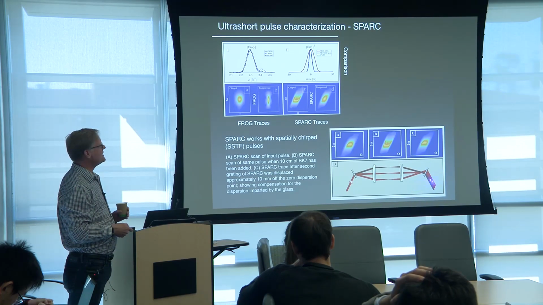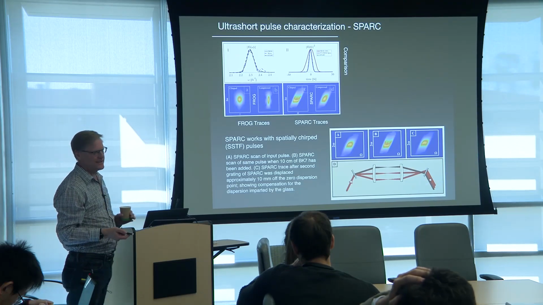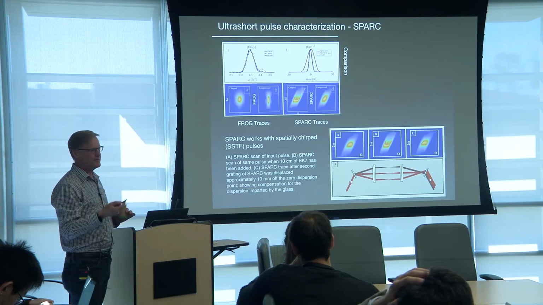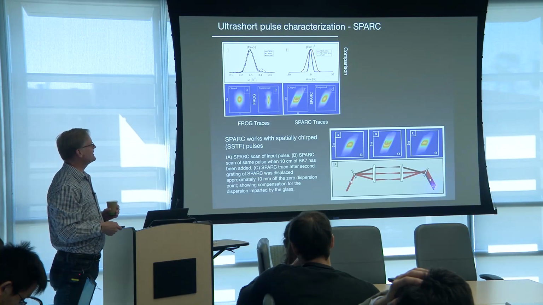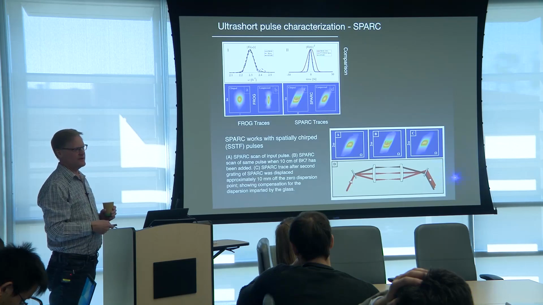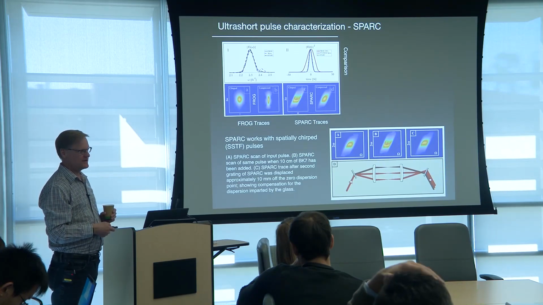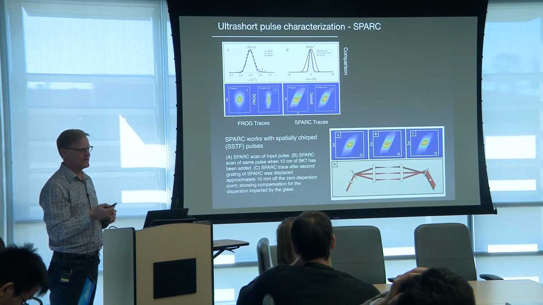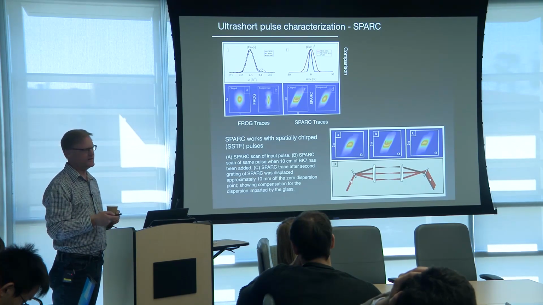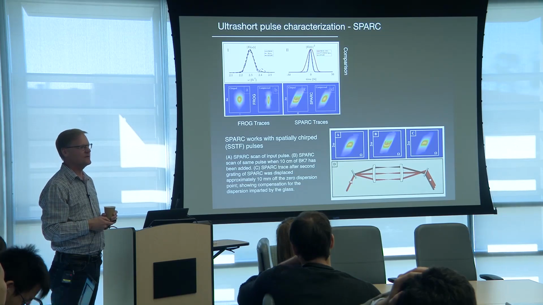And for me, I wanted a technique that would allow me to measure the pulse width even in a spatially chirped beam. So that's the strength of this, but it actually won't tell you the magnitude of your spatial chirp. But we've got other simple ways to do that. I'll show you as well.